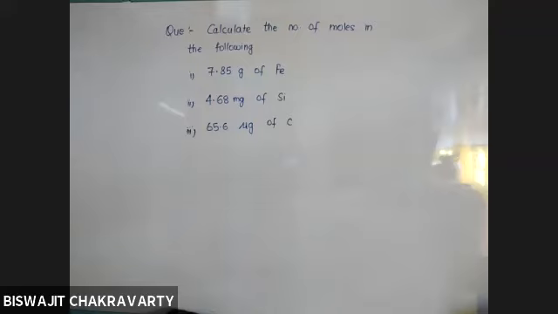I have given you the list. How much is iron? 56 grams. Silicon? 28 grams. And carbon is very simple, 12. Okay. Do it fast.